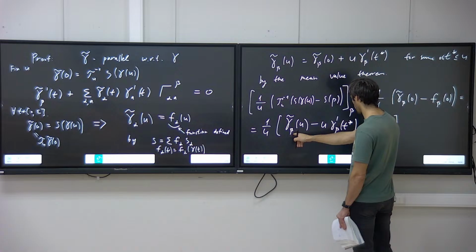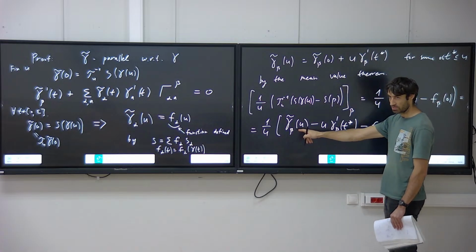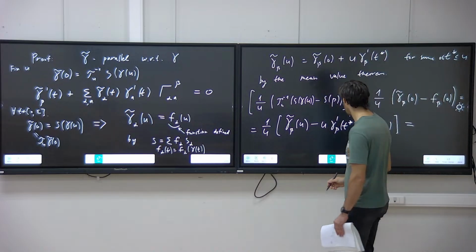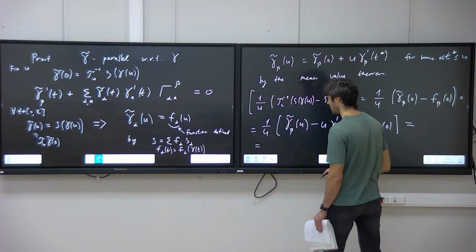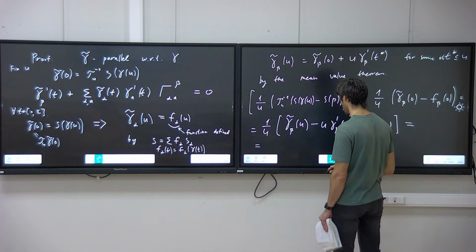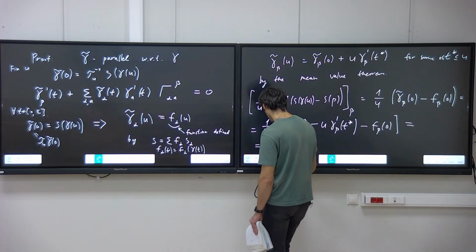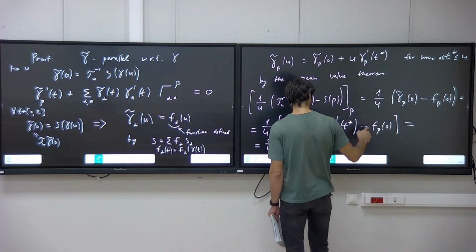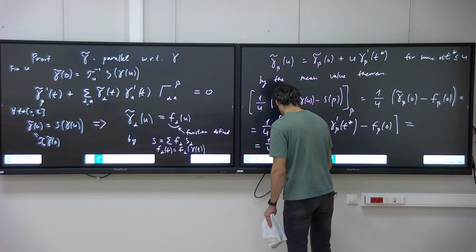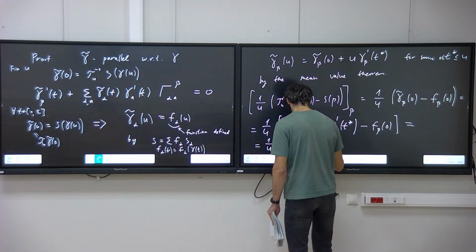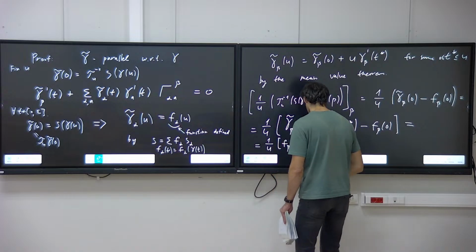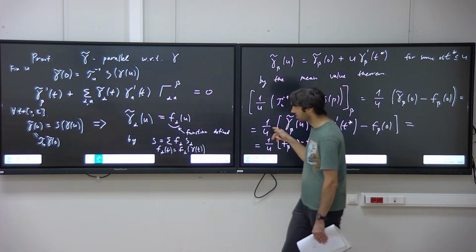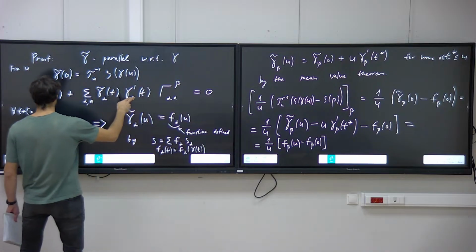Now this guy is f beta of u. So what I get is 1 over u times f beta of u minus f beta of 0. That's one thing that I need. And then I also have this term, where gamma prime I express using this guy.